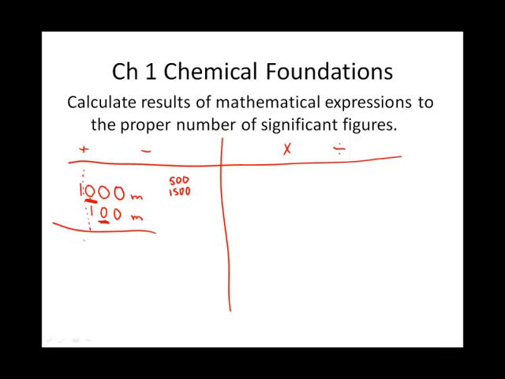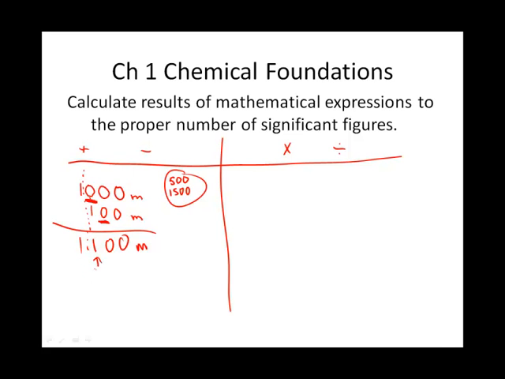So when we add these together, I can add this. There we go. Now it looks like 1,100 meters, but because we don't know with any degree of precision what this first measurement was, we really can't say that our total distance is 1,100 meters. We have to round it to this place.